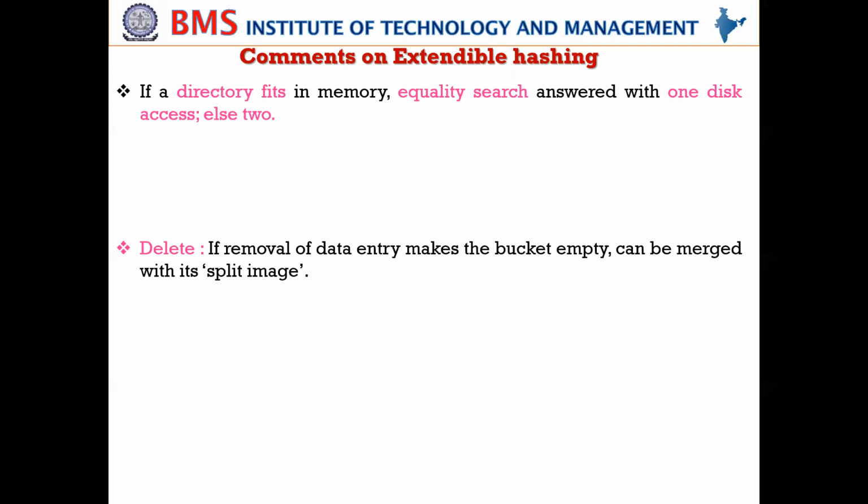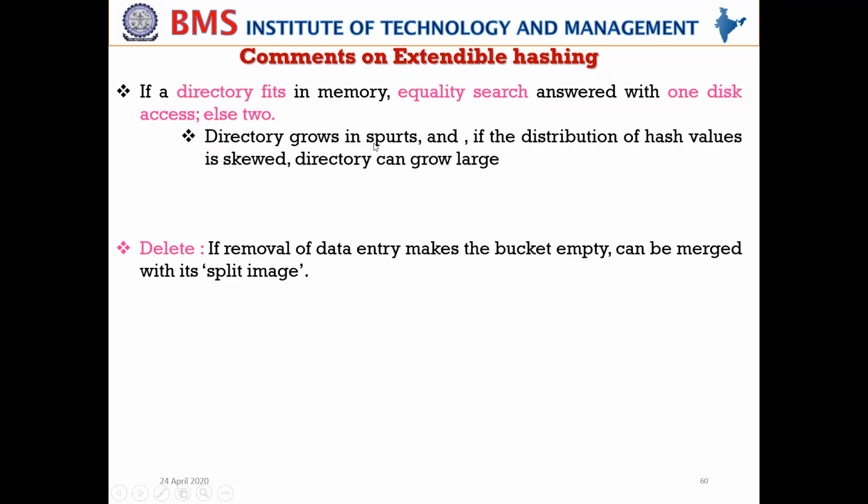Suppose, as we have seen in the example, the size of the directory goes on doubling. Correct? If the directory size is such that you cannot fit it into the primary memory, then at least you need two disk accesses to perform the equality search. Okay, so that is the thing.